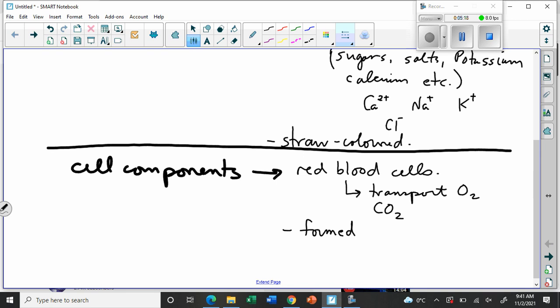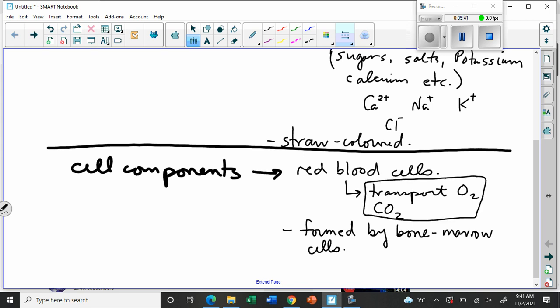They're pretty much empty. There's no mechanisms inside of them. Very few things to do anything. So they're formed by bone marrow cells. And they're highly specialized to do this transporting of CO2 and O2, and that's pretty much all they do. They don't live long.